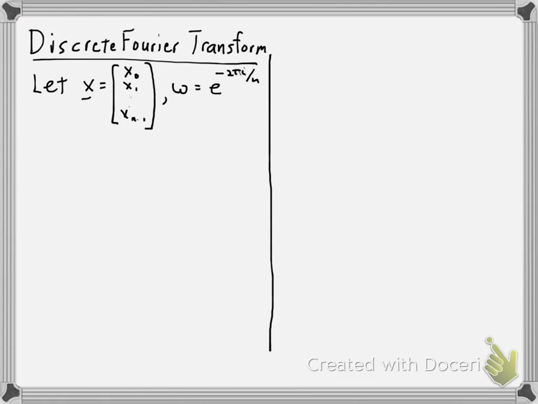And so the definition of the discrete Fourier transform is basically multiplication of a certain matrix and this vector x.